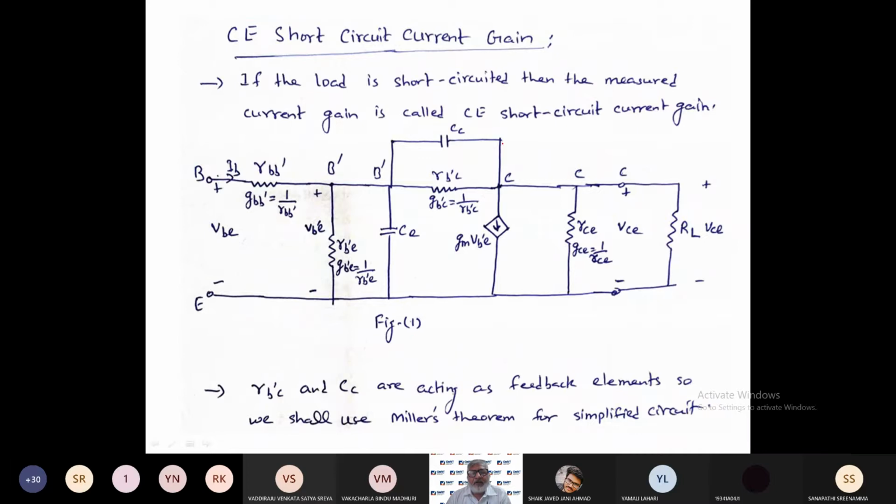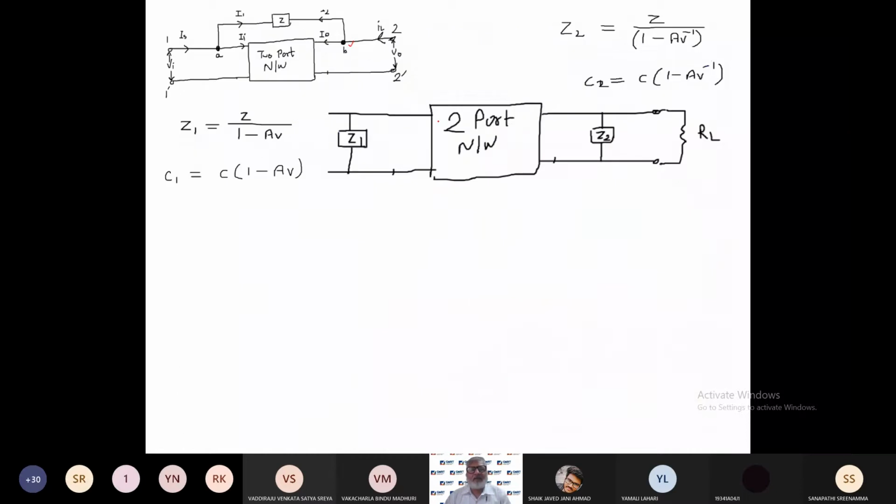So now here you can see this RB dash C and CC are acting as a feedback element. So we have to use the Miller theorem to simplify this circuit.